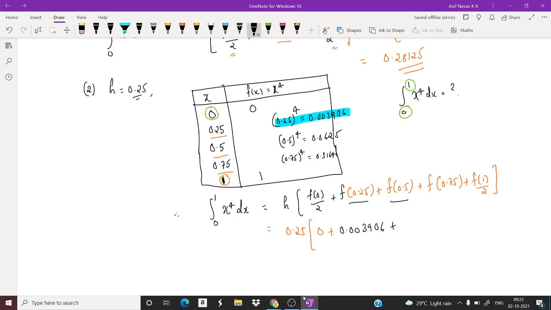F of 0.5 is 0.0625 plus f of 0.75 is 0.3164 and f of 1 by 2 is 0.5. 1 and 1 by 2 is 0. So now if you add and multiply this, you will get 0.2207. So this is the answer.